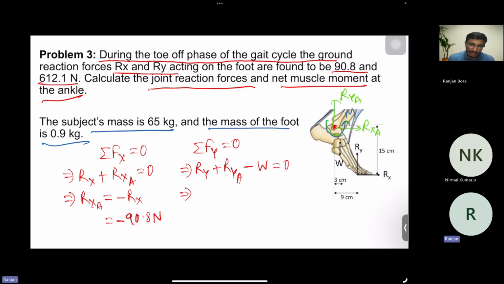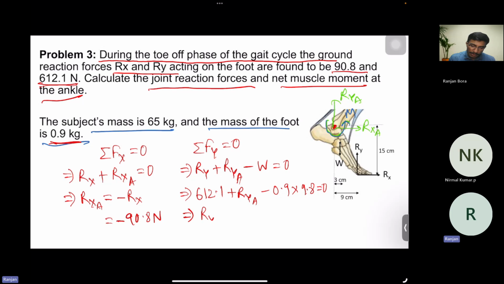Ry is given as 612.1, plus Rya, minus W. We need to find W. Mass of the foot is given as 0.9, so we multiply 0.9 with 9.8, equal to 0.